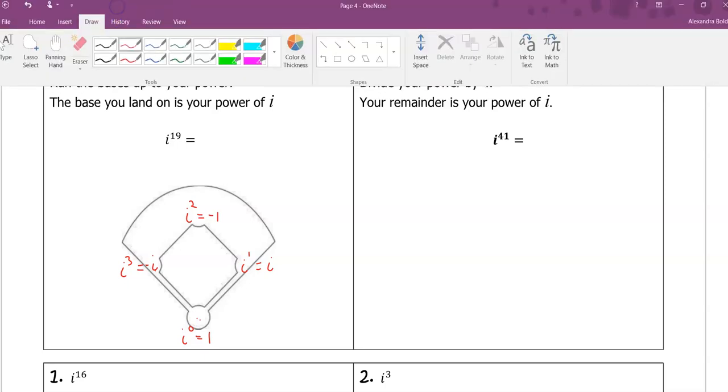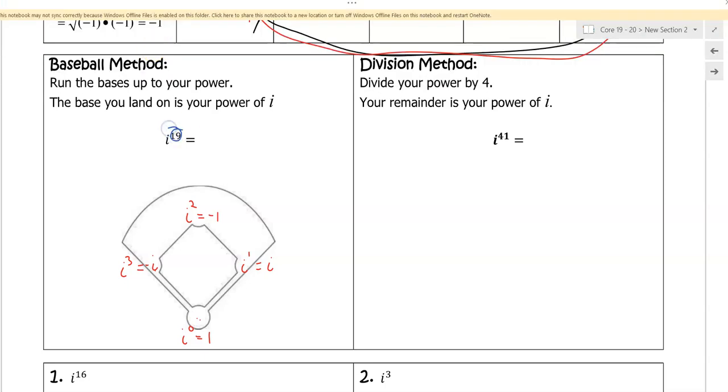And then we can keep running. So if I have i to the 19th, I'm going to run around the bases 19 times. So I start here. That's 0. 1, 2, 3, 4, 5, 6, 7, 8, 9, 10, 11, 12, 13, 14, 15, 16, 17, 18, 19. 19 gets me to the i to the 3rd, which equals -i.